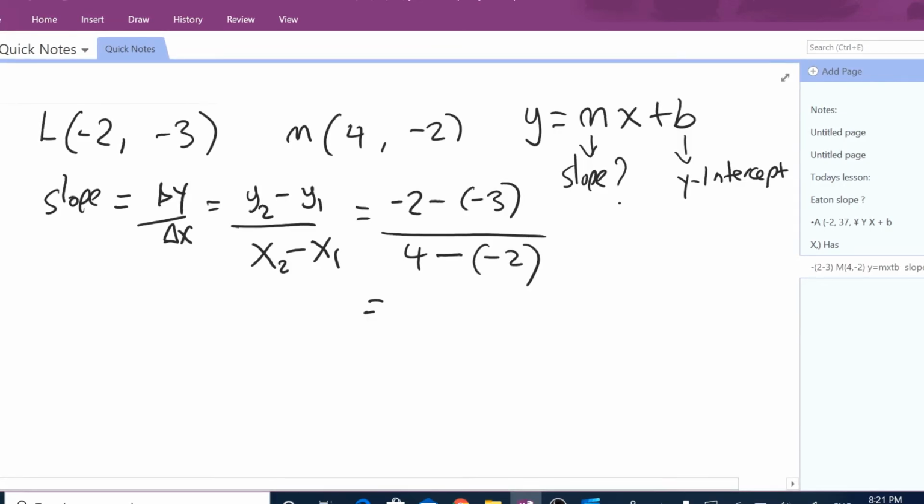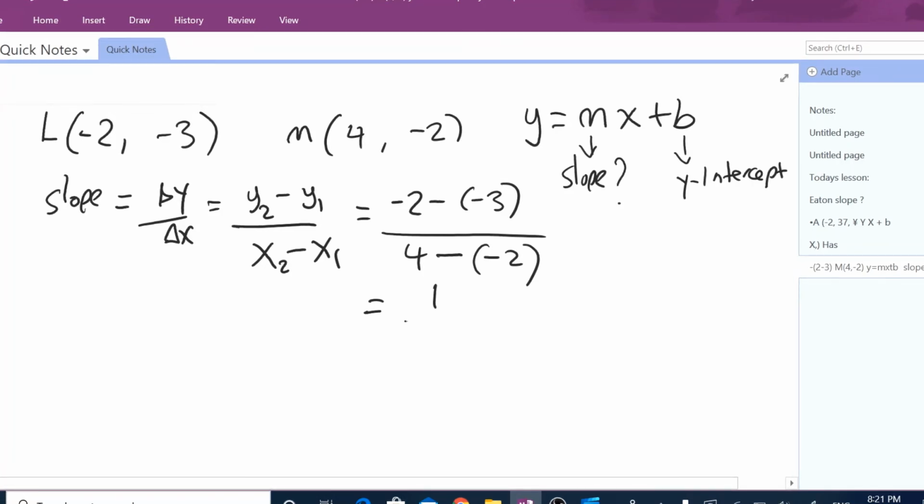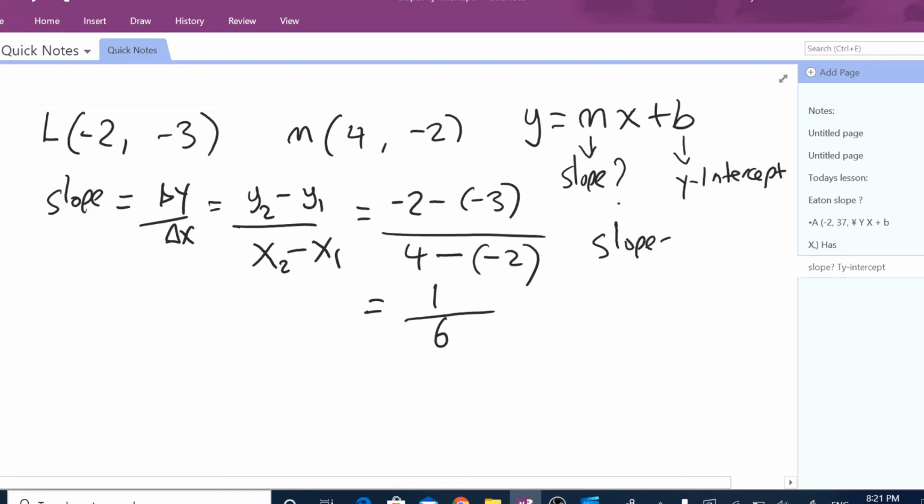So this will give me minus 2 minus minus 3, that is 1, because this becomes positive. Then 4 minus minus 2, that is 6. Therefore, the slope of this line is 1/6.